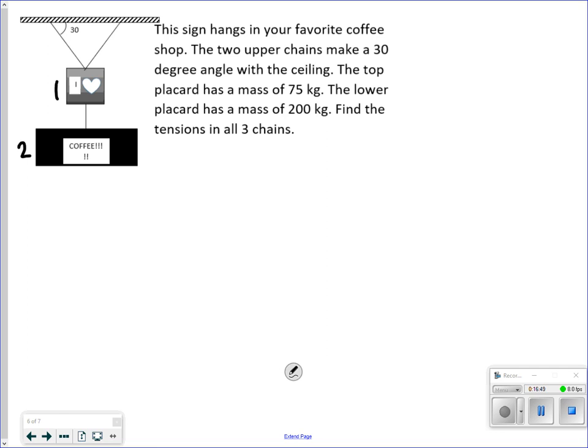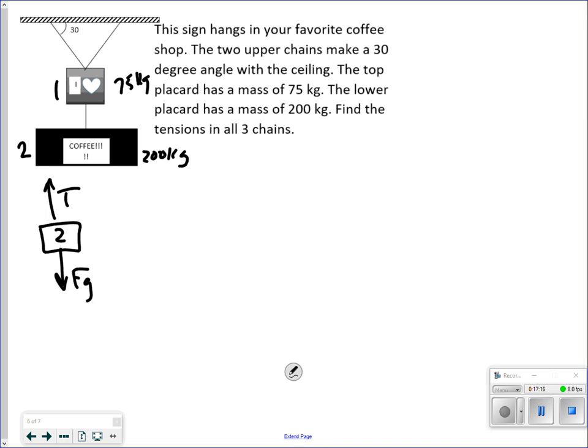This is suspended, which tells me that all the forces have to be balanced because the velocity is 0. So here's number 2. What's pulling it down? Gravity. What's pulling it up? Tension, right? And they have to be equal to each other. The lower placard has a mass of 200 kilograms. This one has a mass of 75 kilograms, and then they each have a 30-degree angle up on the top.